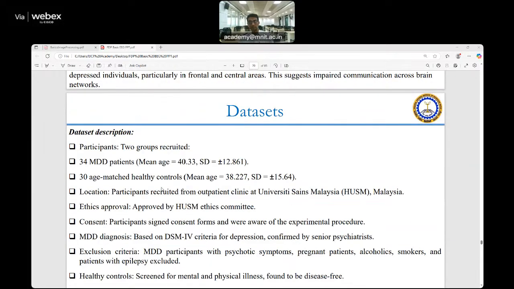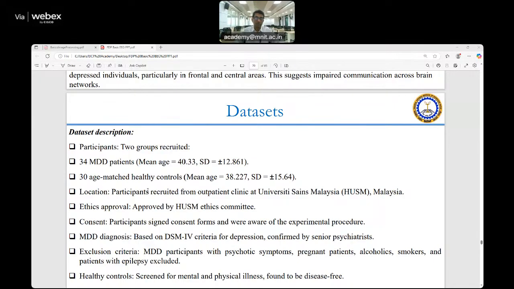Another data set is given here, with two groups. There are 34 patients, with a mean age of 40 and a standard deviation of 30, and age-matched healthy controls. The participants were recruited from an outpatient clinic at a university in Malaysia.